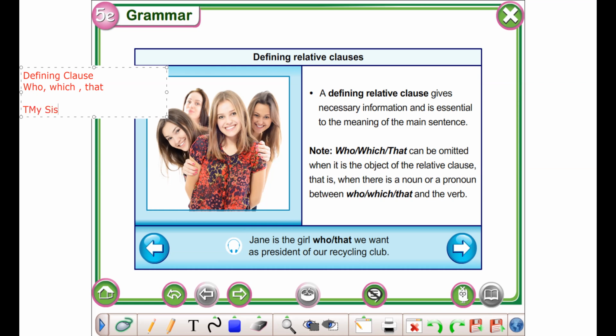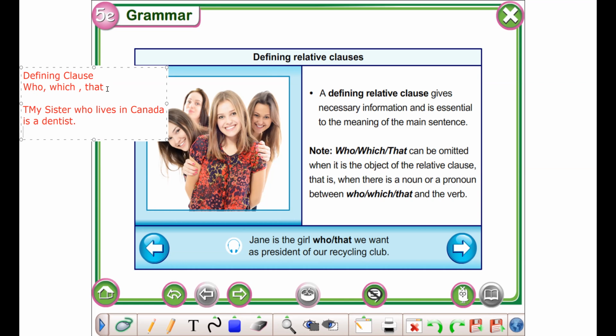My sister who lives in Canada is a dentist. Who lives in Canada? Canada is a dentist, okay? And this sentence without any commas.